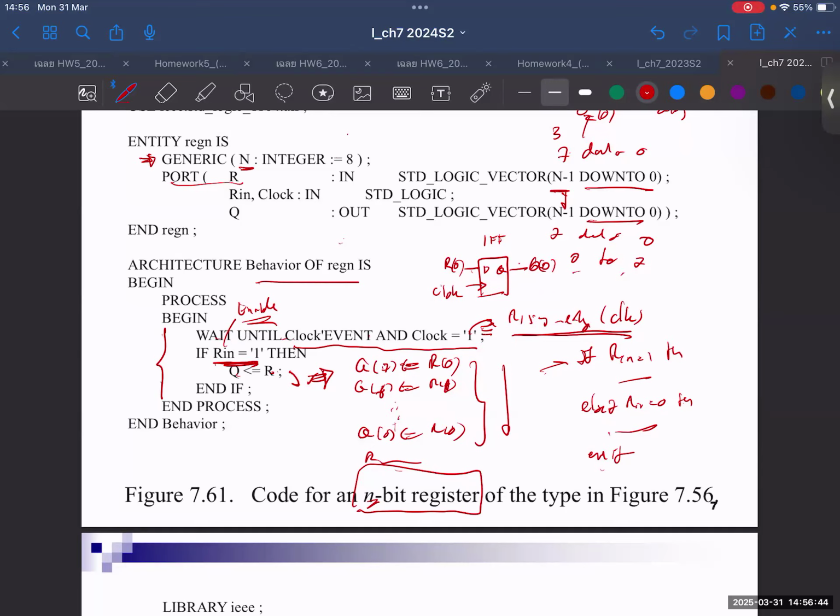You get a memory, of course. If there's no clock, you get a latch. You remember a latch, right? You get a memory. But if you have a clock, then you still get a latch anyway. That's why instead of writing this, what's the best way to do this? You like else. Why? Because else means you cover everything that is not one.